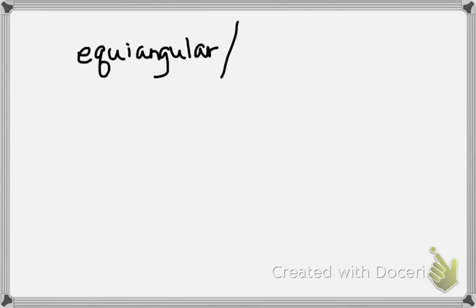So the next thing that we need to talk about is, can you identify a figure as being equiangular, which you guys already know what that means. We've done that in triangles.